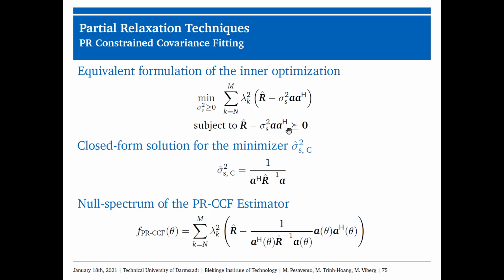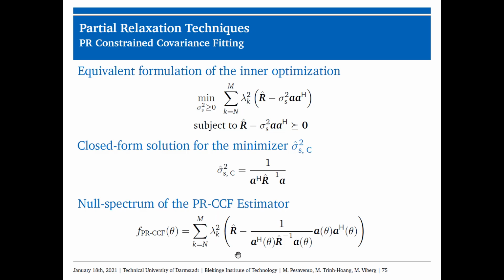Thanks to the PSD constraint given here, this optimization problem with respect to sigma s squared admits a closed form minimizer, which is, interestingly, the Capon beamformer that we obtained before. As a result, the null spectrum of the PRCCF estimator is computed as the sum of the squared eigenvalues.